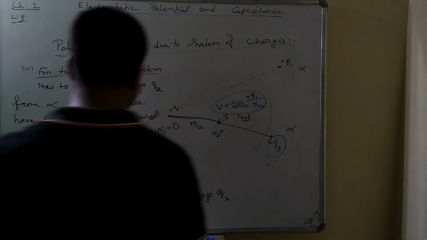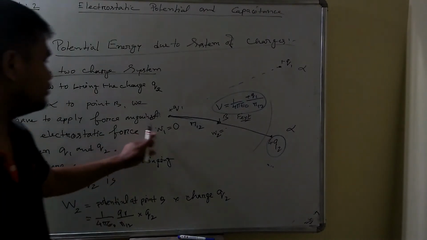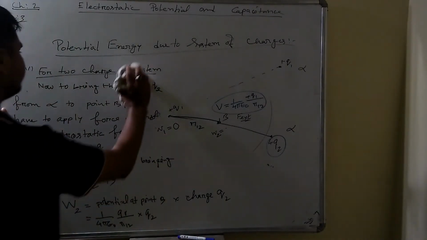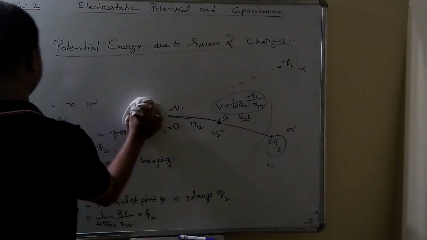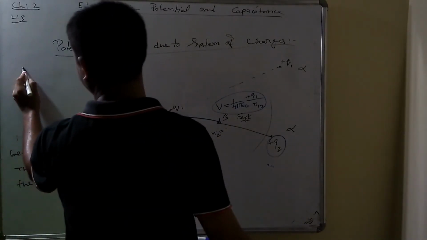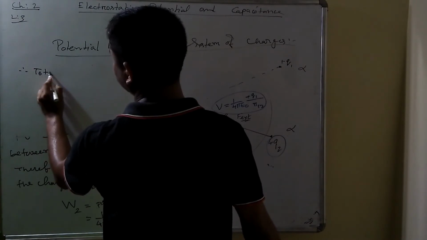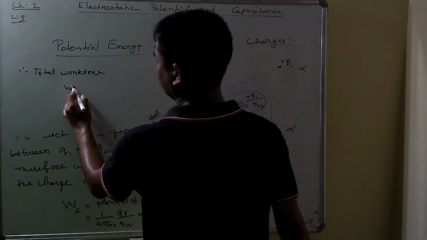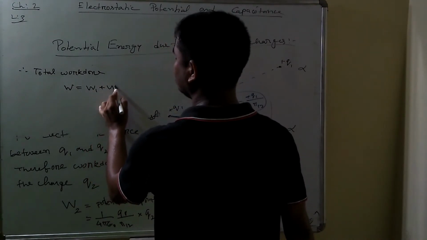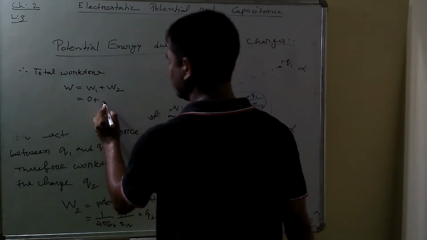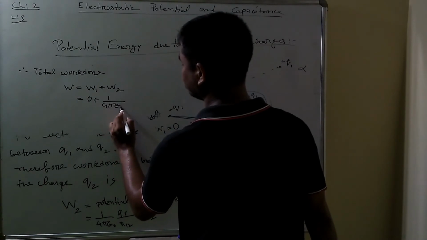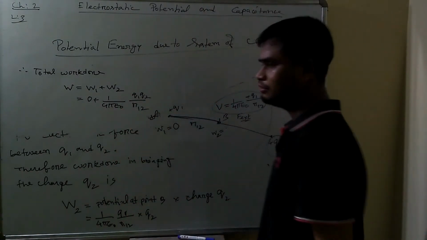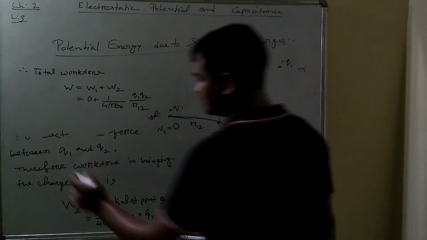Now W1 is 0, okay, and W2, therefore the total work done W is equal to W1 plus W2, so 0 plus 1 by 4 pi epsilon naught Q1 Q2 by R12.